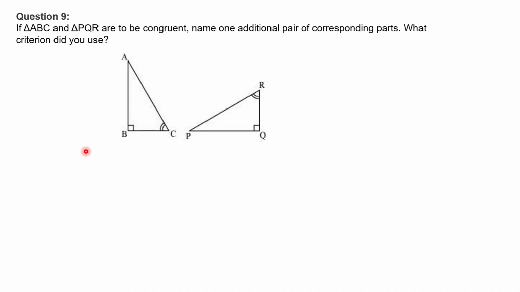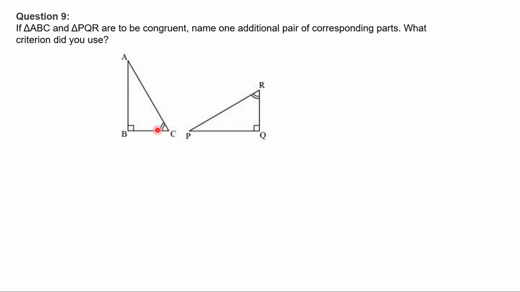Now the next, question nine. If triangle ABC and triangle PQR are to be congruent, name one additional pair of corresponding parts. What criteria did you use? Here you can see triangle ABC is congruent to triangle PQR.